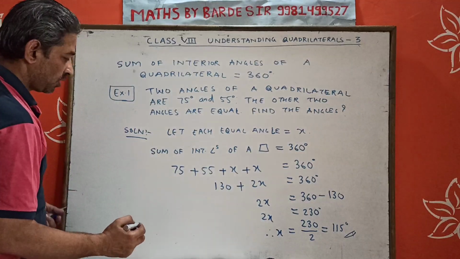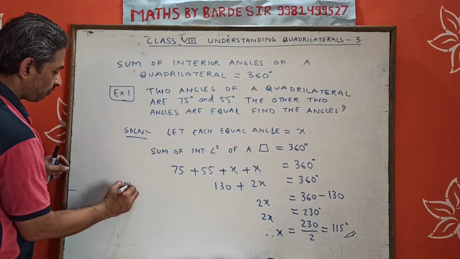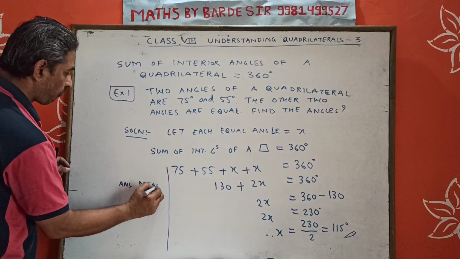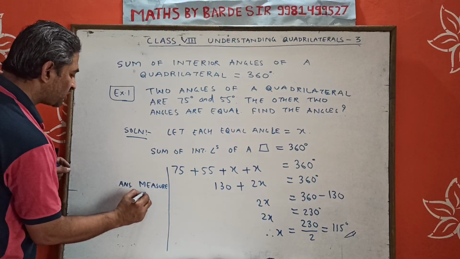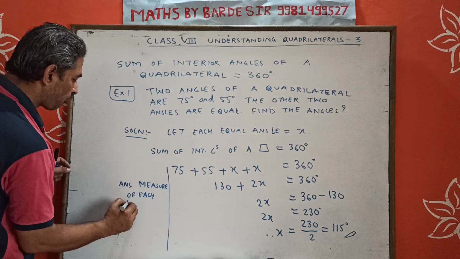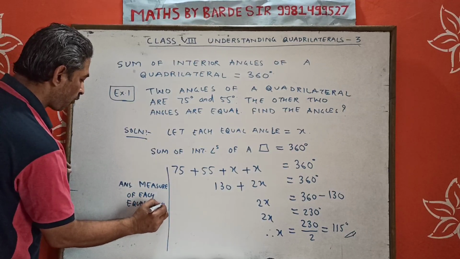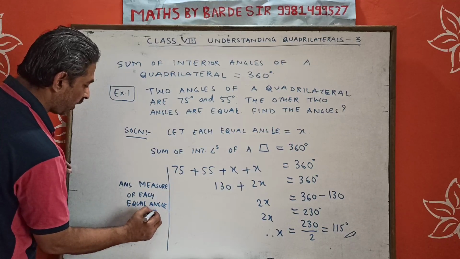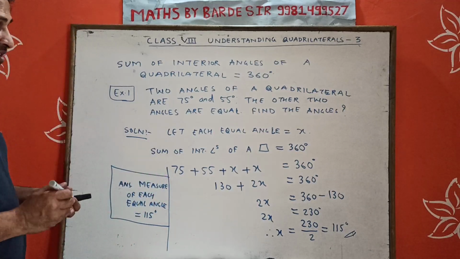Therefore the answer we would like to write like this: measure of each equal angle is 115 degrees. This is the final answer.